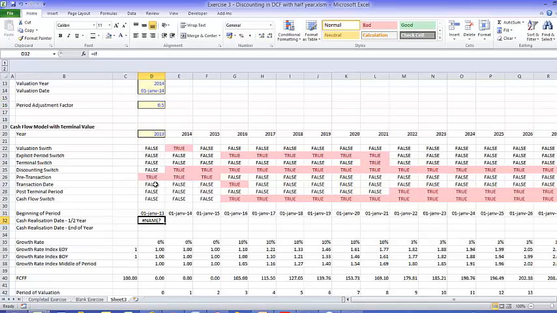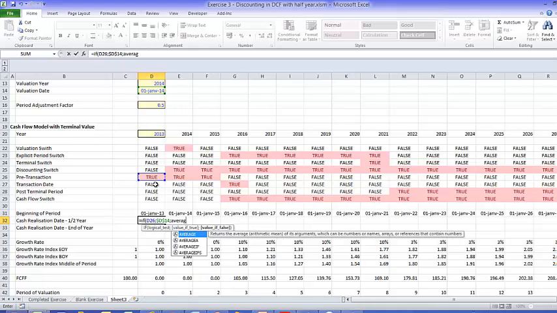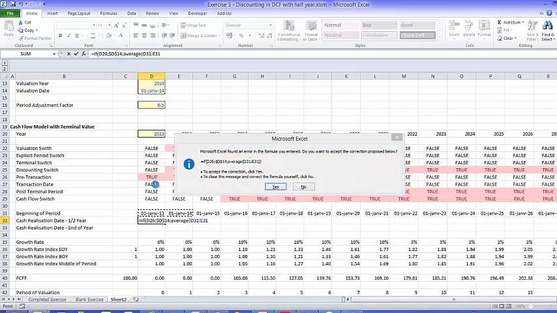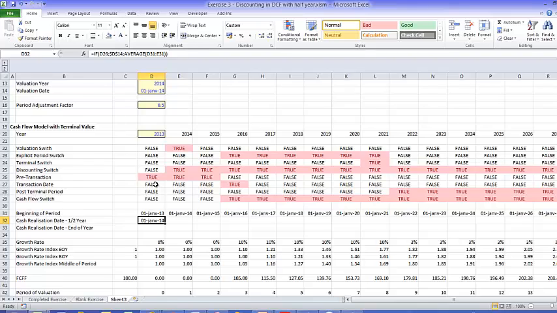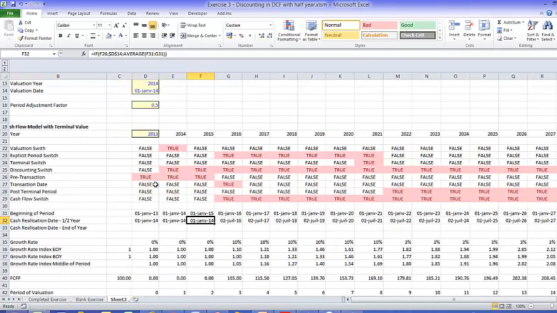If it's the pre-transaction period here, then see, there was a reason for putting that switch, then we'll just lock in this date. Otherwise, we'll make it the average of this date and that date. So that will put it in the middle of the year. Let's see, Shift Control 3 to get a date. So this just held it at 2014, and then in the year of 2016, which is our first year, we get it in the middle of the year.